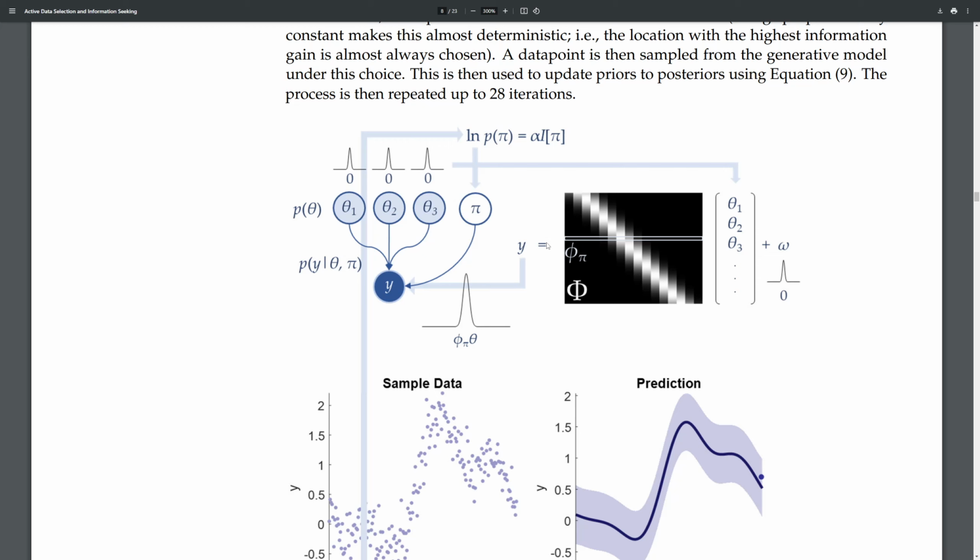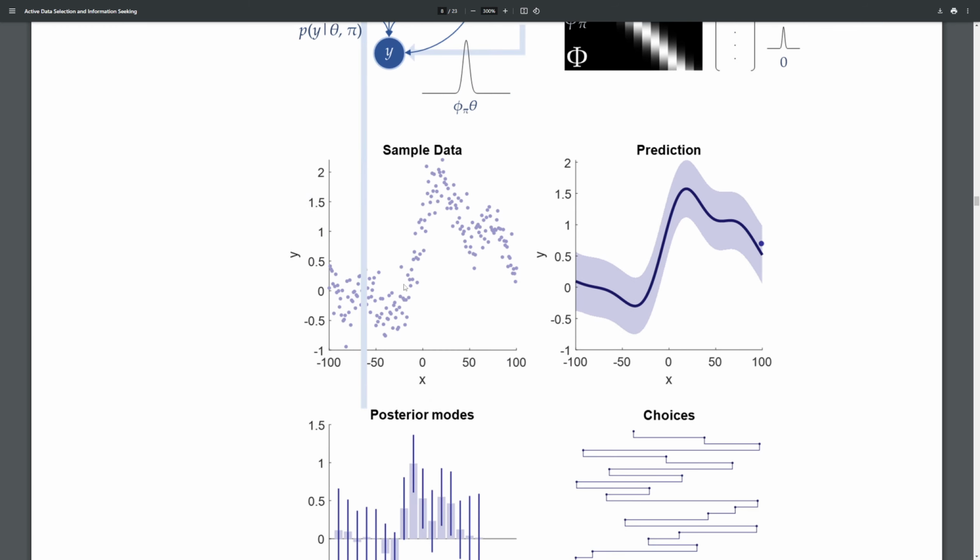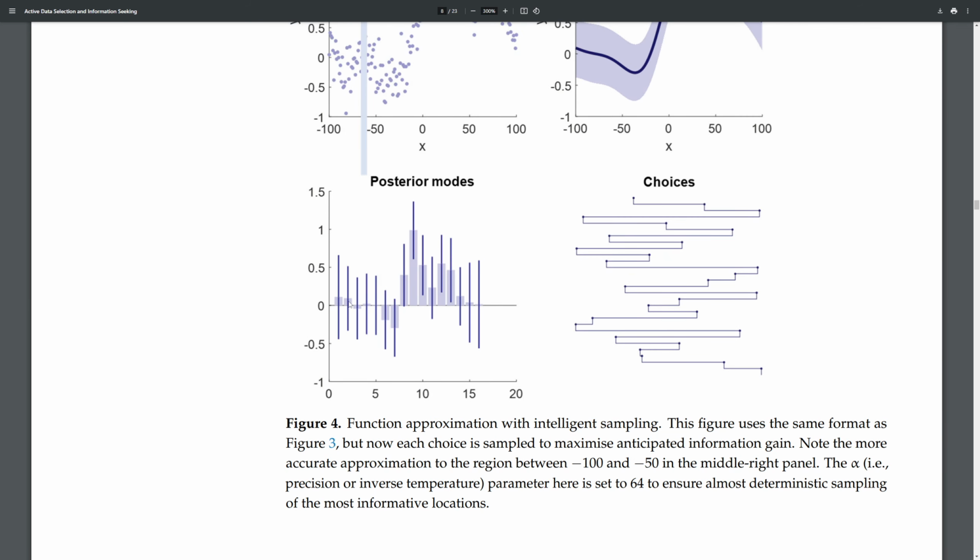It's just some basic comparison like that. So suddenly, you plug in all of your parameters with their means and their variances. You multiply it by this phi, which of course maps the parameter space to the data space. Multiply it by your parameters, add some noise, and then you can go from your sample to your prediction right here. And this is going to talk about each parameter, theta, as you go along.